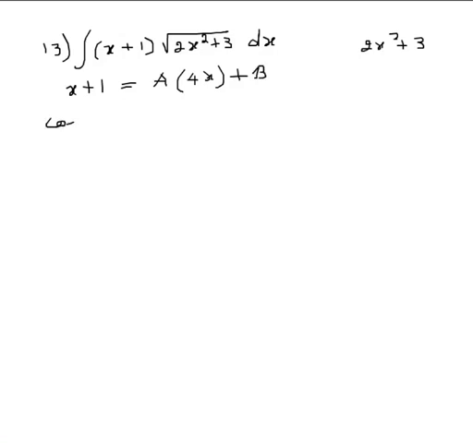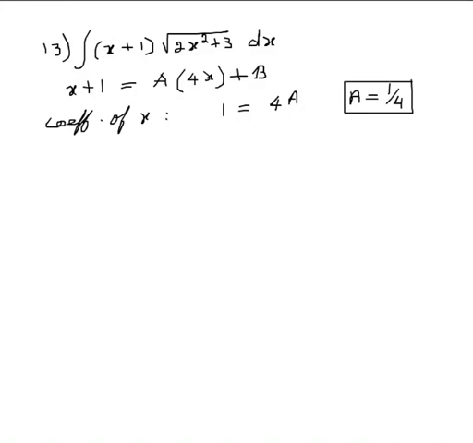Let us equate the coefficients of x. The coefficient of x on the left hand side is 1 and on the right hand side is 4a. Therefore, a value is 1 by 4. Equate the constant terms. The constant term on the left hand side is 1. On the right hand side, only one constant term is there.